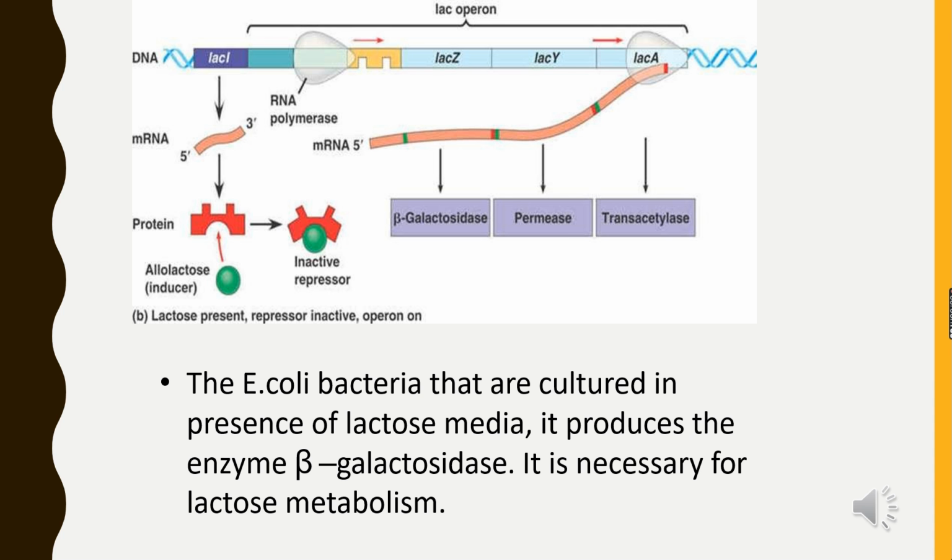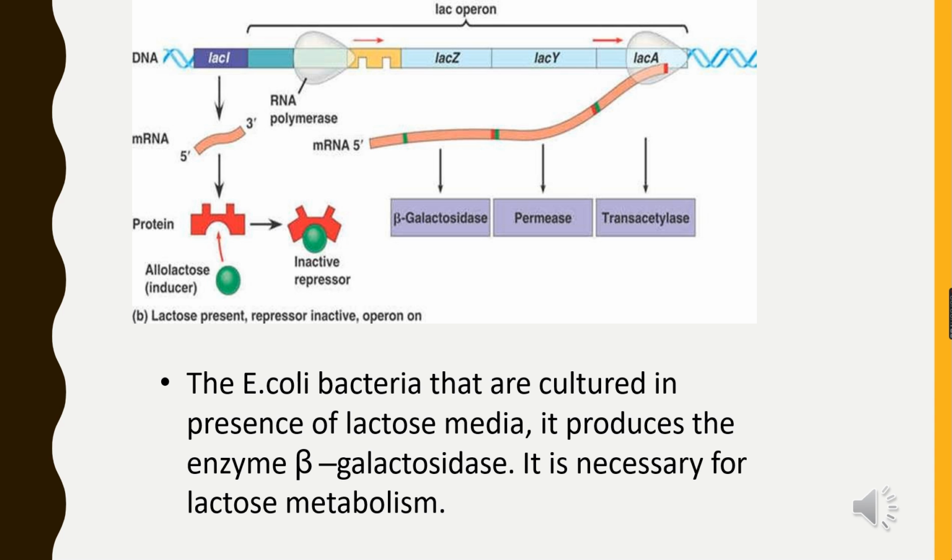Then the RNA polymerase enzyme will activate the structural genes Z, Y, A, and lac messenger RNA is formed, and then beta-galactosidase, permease and transacetylase are formed. If lactose is provided in the growth medium of the bacteria, the lactose is transported into the cells through the action of permease. A very low level of expression of the lac operon has to be present in the cell all the time, otherwise lactose cannot enter the cells.